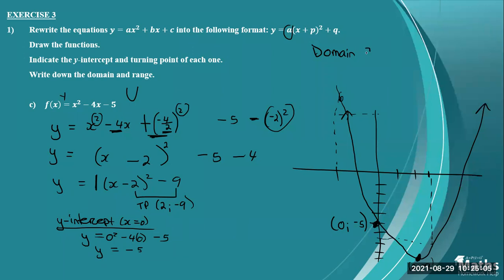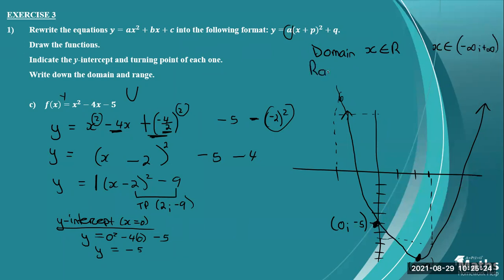So all the x values will be applicable. So x is an element of real numbers. Or if you make use of interval notation, you say x is an element from negative infinity to positive infinity. Two methods of writing it.